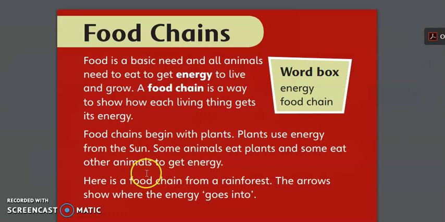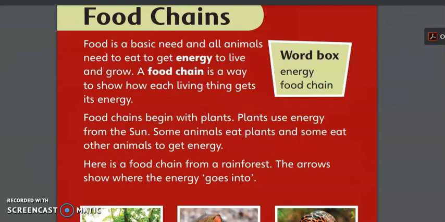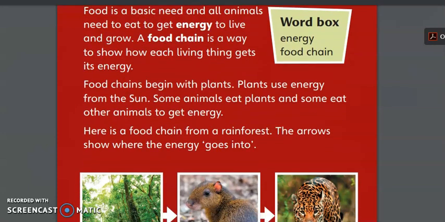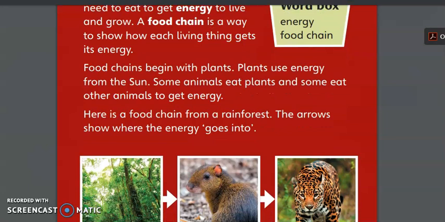Okay. So here is a food chain from a rainforest. The arrows show where the energy goes, and that's what we are going to look at. So before we continue, I would like you to know that plants get their energy from the sun, okay?